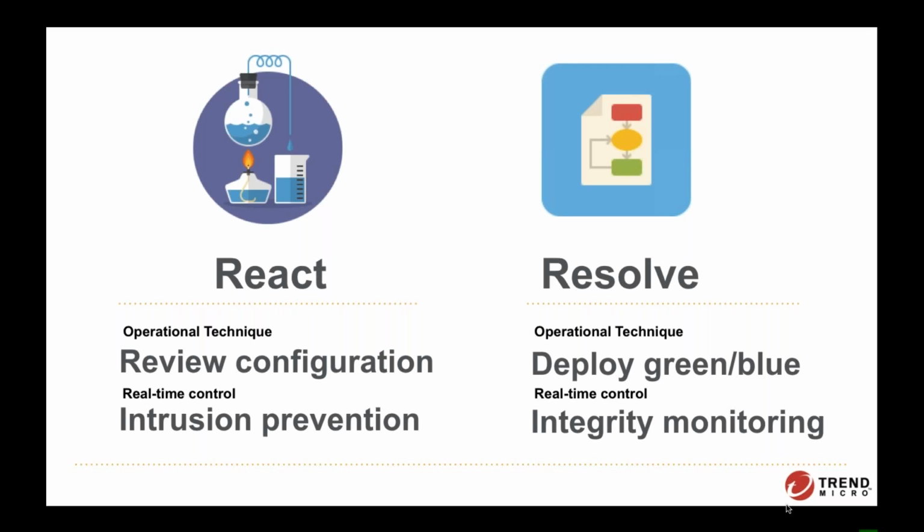And then the real-time controls of intrusion prevention. When we talk about intrusion prevention, we're talking about understanding that there are vulnerabilities that have been identified, or traffic normalization, making sure the traffic coming in is properly normalized and not out of sync.